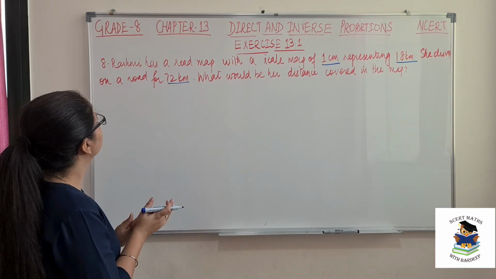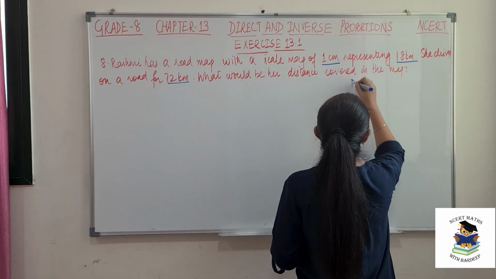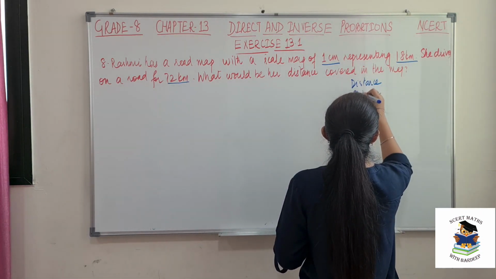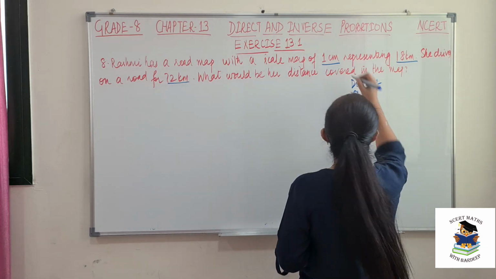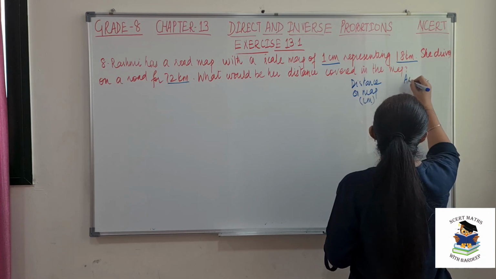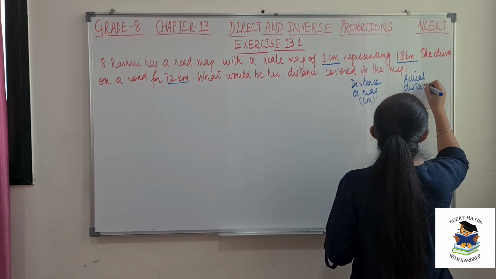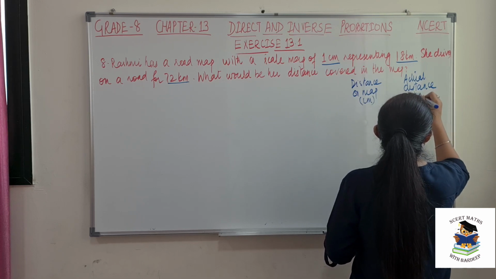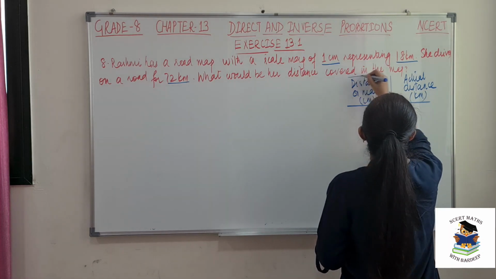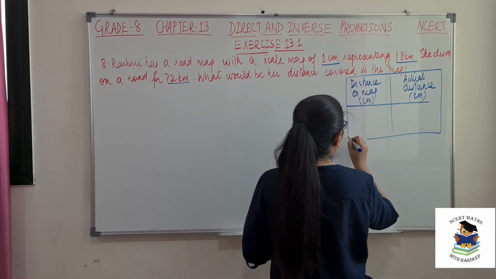So let's write it. First thing is the distance on map, because we are talking about distance here. Since this is in centimeters, I'll write centimeter here, and here it is actual distance, which they have given us in kilometers, so we will write km here. These two are the quantities that are in direct proportion.